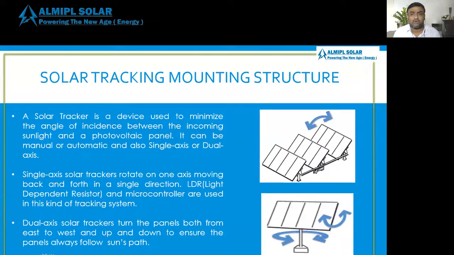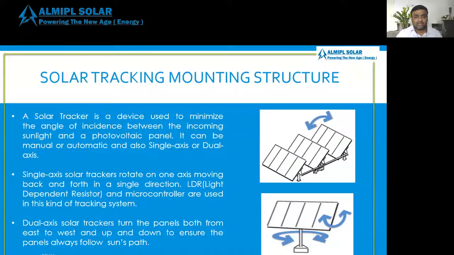Solar tracking mounting structure. A solar tracker is a device used to minimize the angle of incidence between the incoming sunlight and the photovoltaic panel. It can be manual or automatic, and also single axis or dual axis. A single axis solar tracker rotates on one axis, moving back and forth in a single direction.